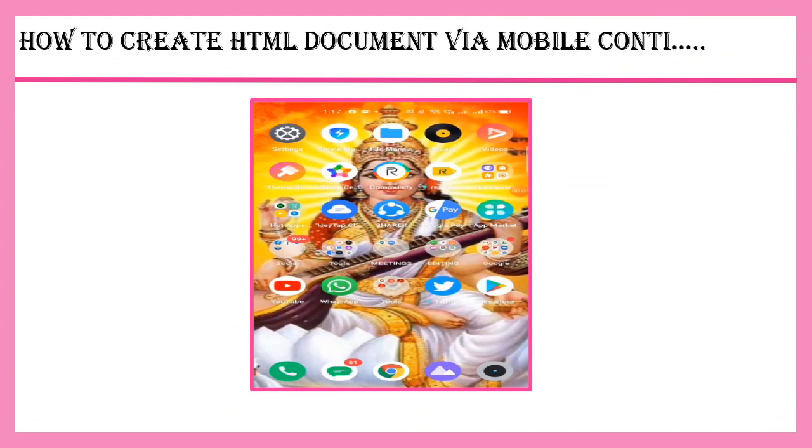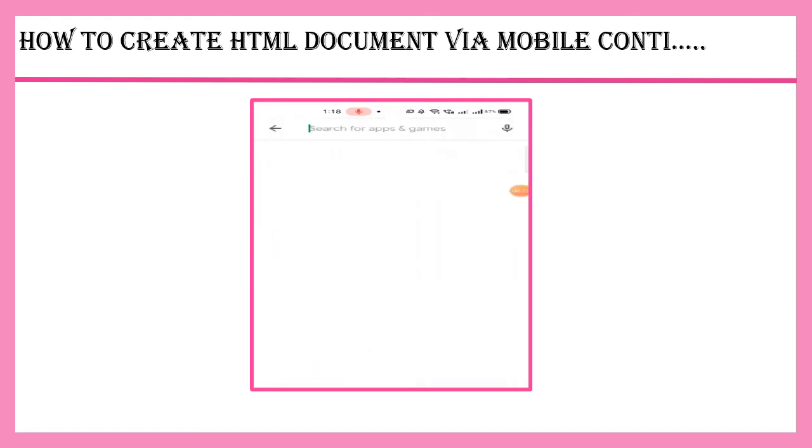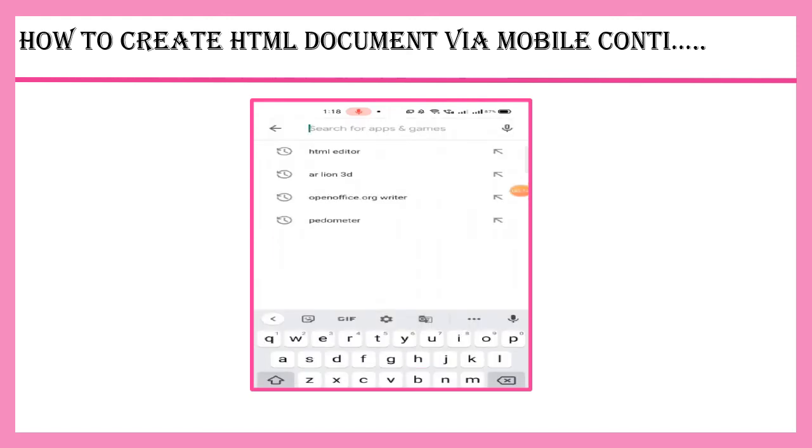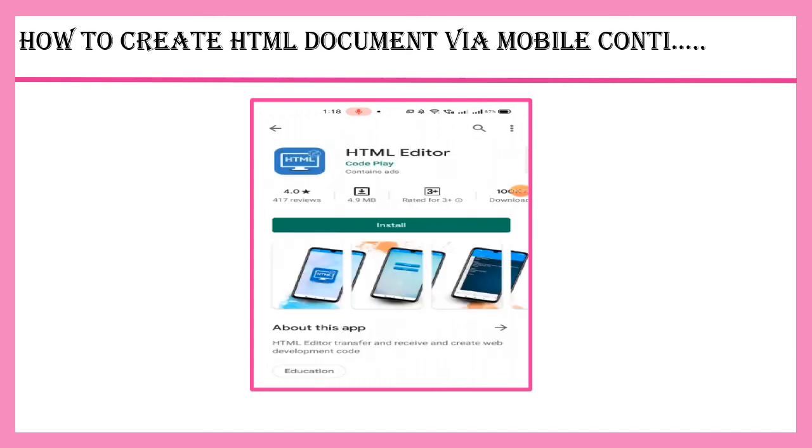Children, this is for the mobile users. In order to create a HTML document, you have to install an app. Go to the Play Store. In the search bar, type HTML editor. Now are you able to see this HTML editor, children? Select this.